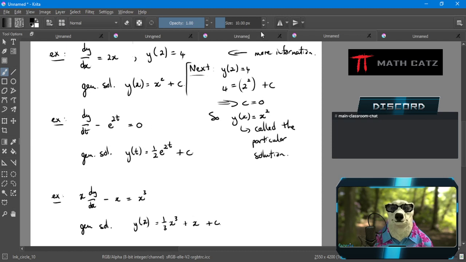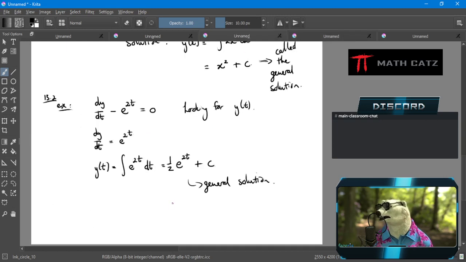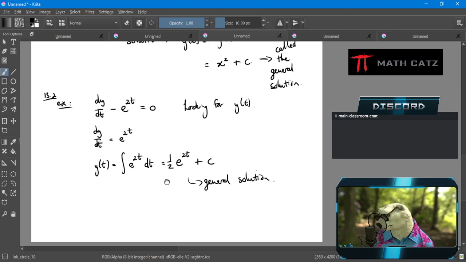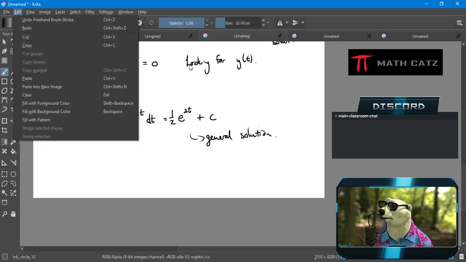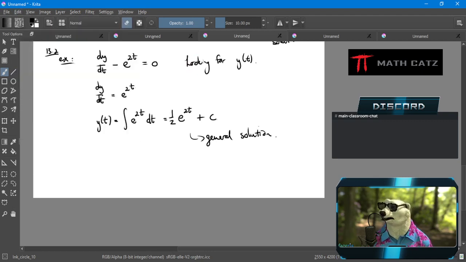If I go back, I don't have a lot of space here. So let's go back to where this one was. It was over here. And let's erase this because I'm now going to put in the extra information. So a differential equation on its own is just called a differential equation.